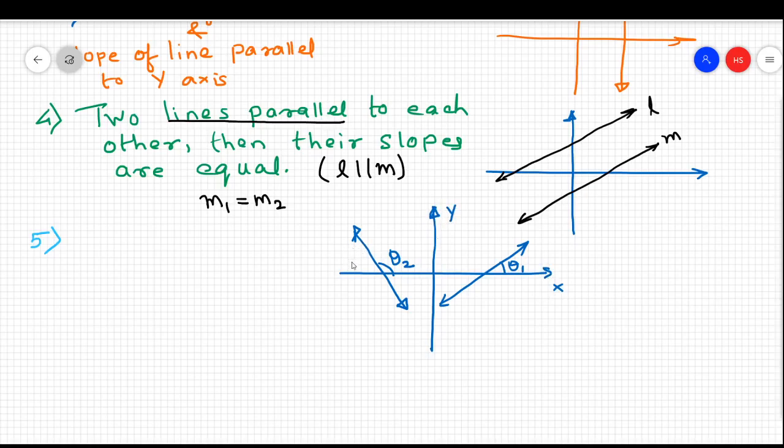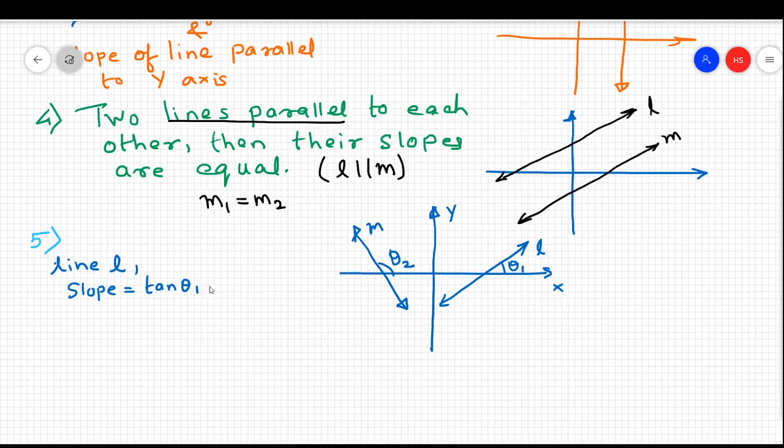Now note that for the line which makes an angle theta 1, suppose I call it L and I call the other M. For line L, slope equals tan theta 1. Remember there was a formula tan theta for slope.